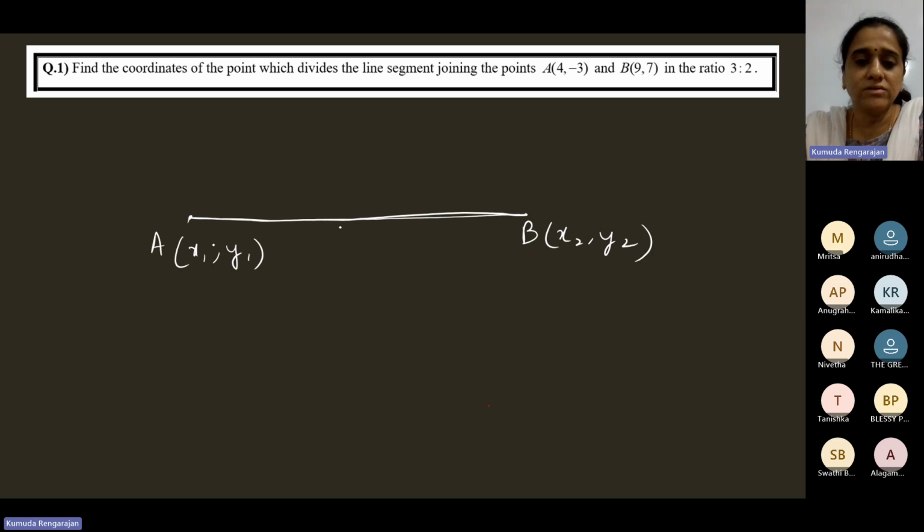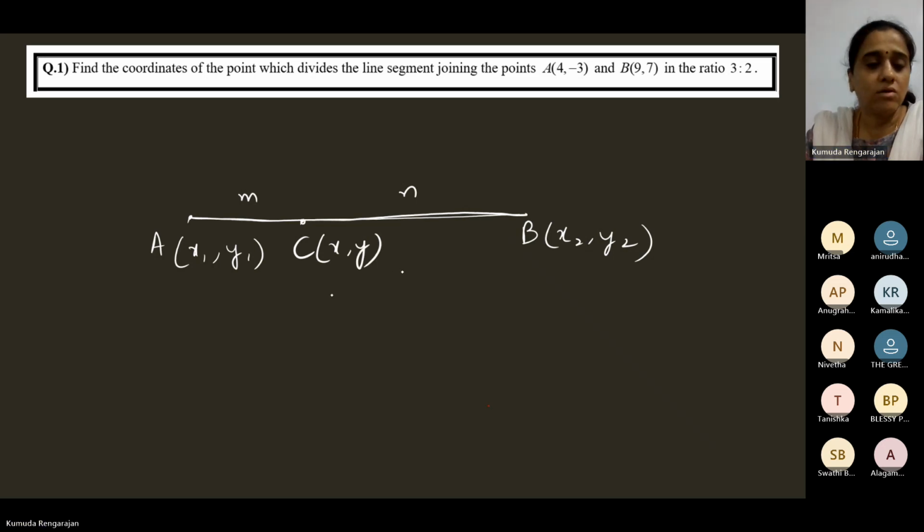So AB is a line segment. Now there is a point, say C, lying on the line segment AB, dividing AB in the ratio M is to N. And the address of C is given by x, y.